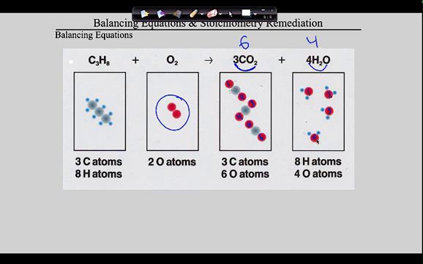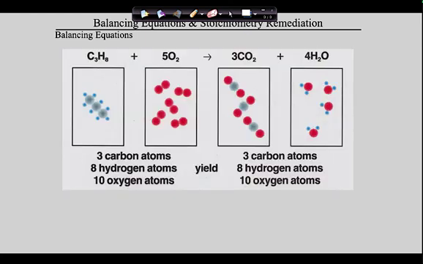So if we add up the 6 oxygens in CO2 and the 4 oxygens in water, that gives us a total of 10 oxygens. To get 10 oxygens on the left, of course, we then need 5 oxygen molecules, and now we have 2, 4, 6, 8, and 10 oxygen atoms on the left as well, and that balances.